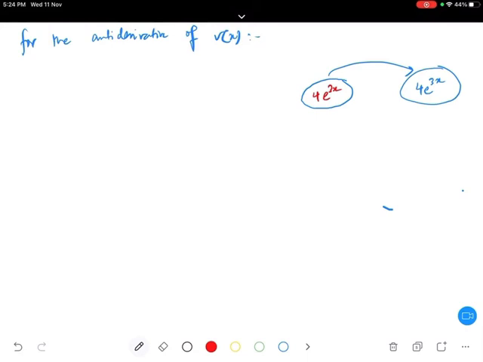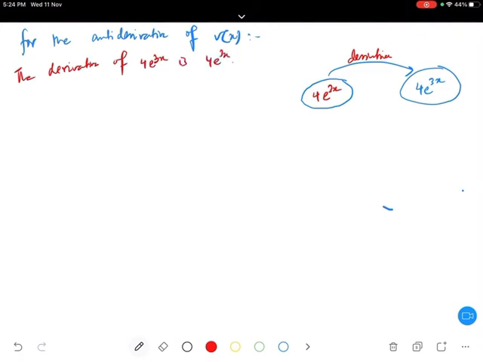My main idea is to find a function which is closest to that. So the derivative of 4 e to the power 3x will give us 4 e to the power 3x.